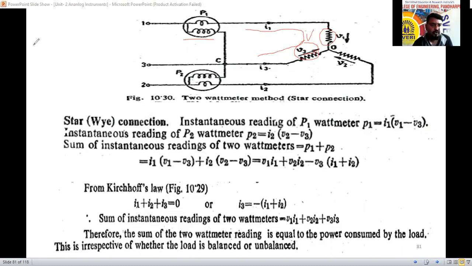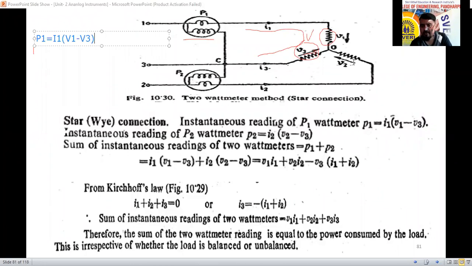So P1 equal to I1 into (V1 minus V3). That is P1. Next, similarly, from 2 to 3, the current flowing is I2.